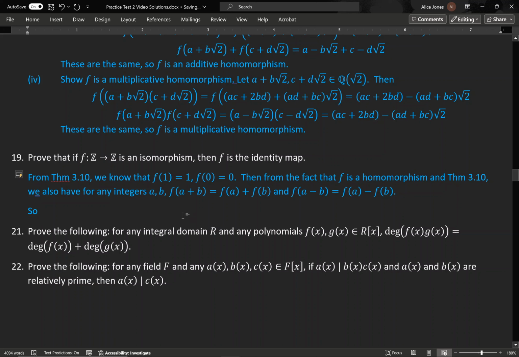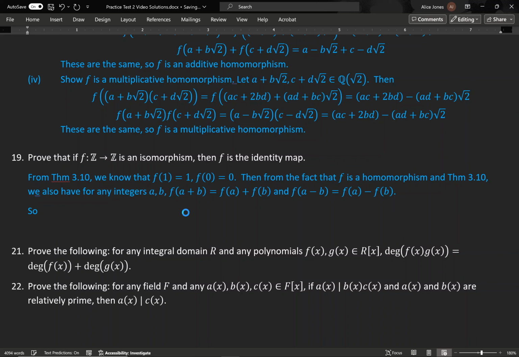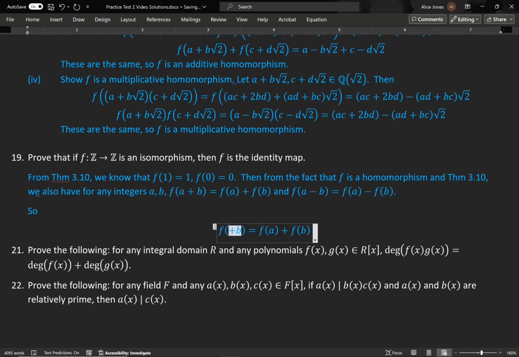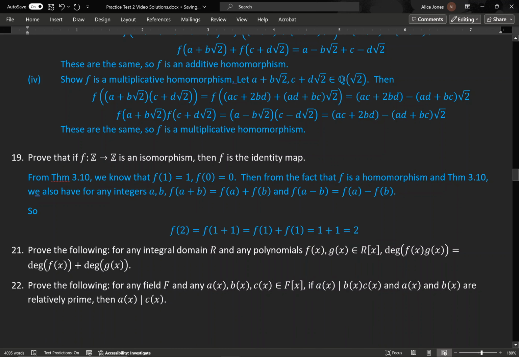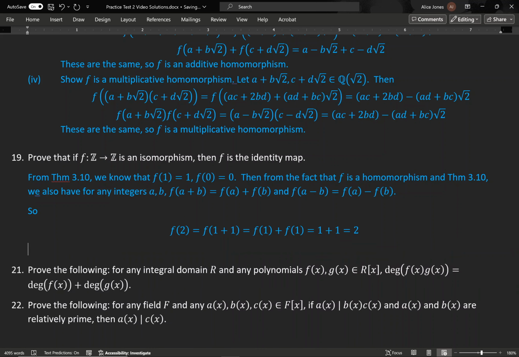So if we just plug in 1 and 1 for a and b, we get f of 2. Okay, so if I just plug in 1 and 1, that is going to be 1 plus 1, which is going to be 2. So we get that f of 2 is 2. And basically from there on, you can just keep leveraging that property, and you could do a complete induction proof.